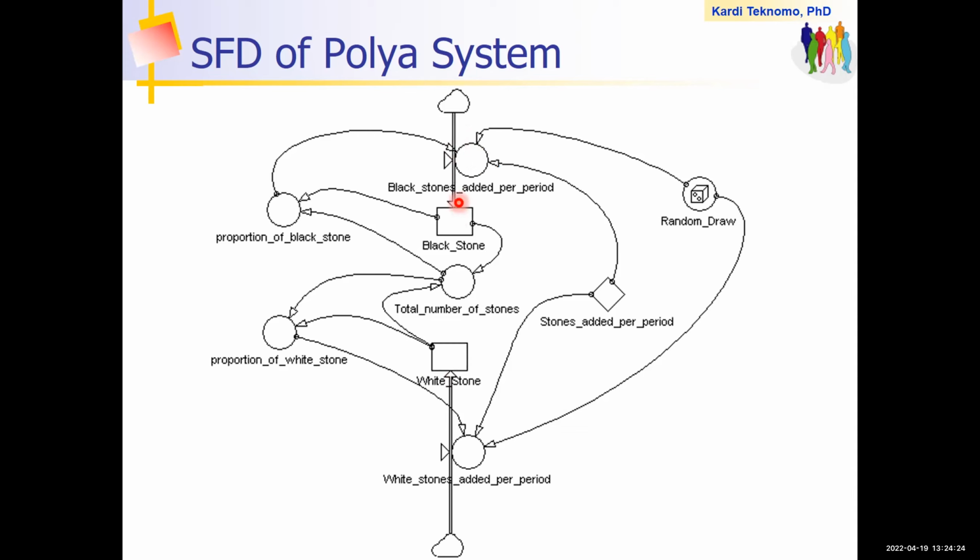There is an input to the black stone and an input to the white stone, and there is a random draw for those rates. This represents the constant. And this is another proportion, because we want to know the proportion of black stone and the proportion of white stone.